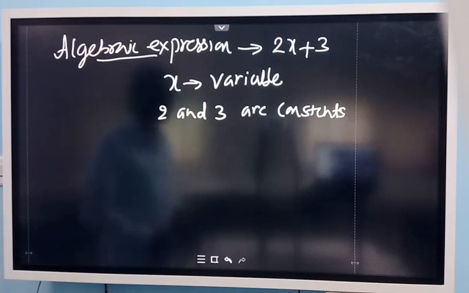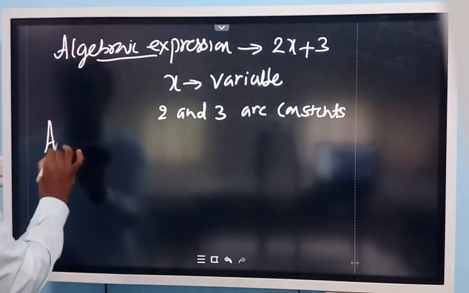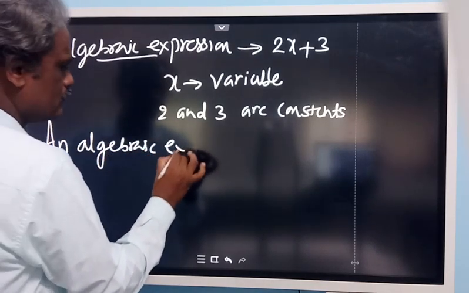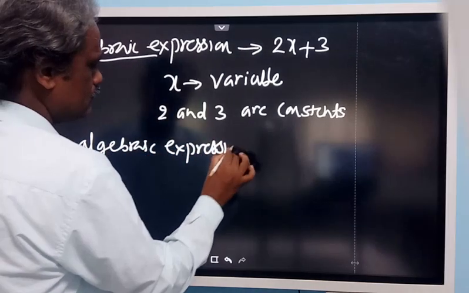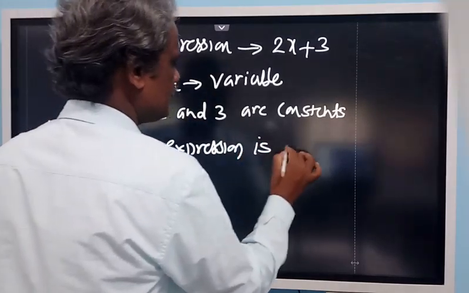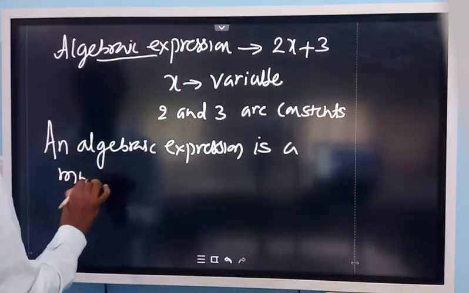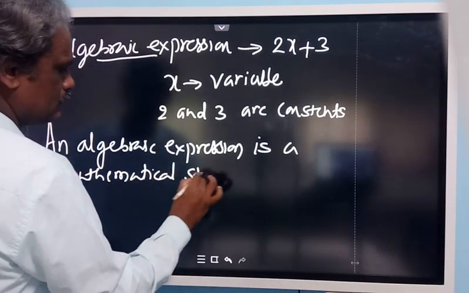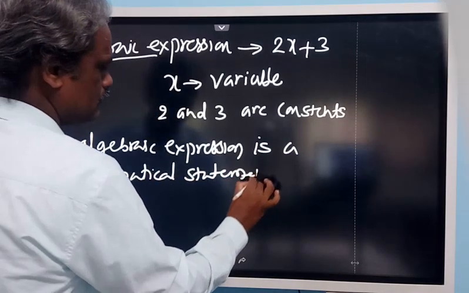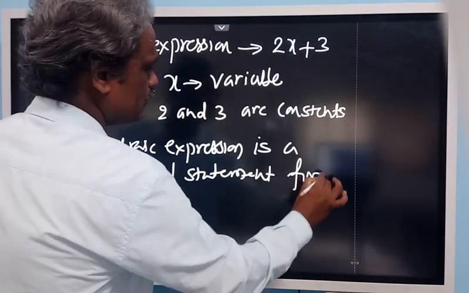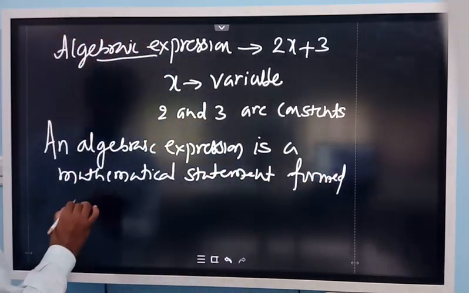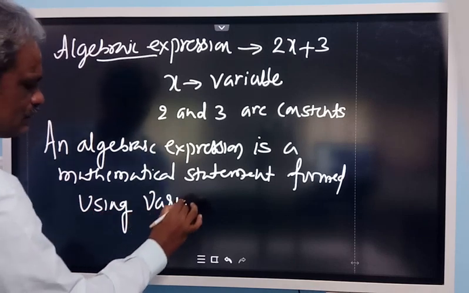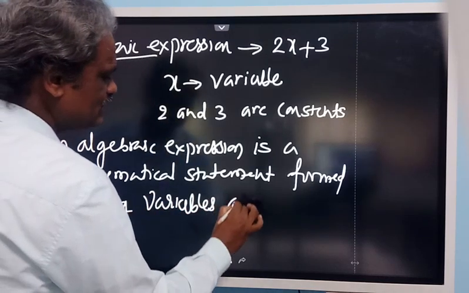So what we can say is, an algebraic expression is a mathematical statement formed using variables and constants.